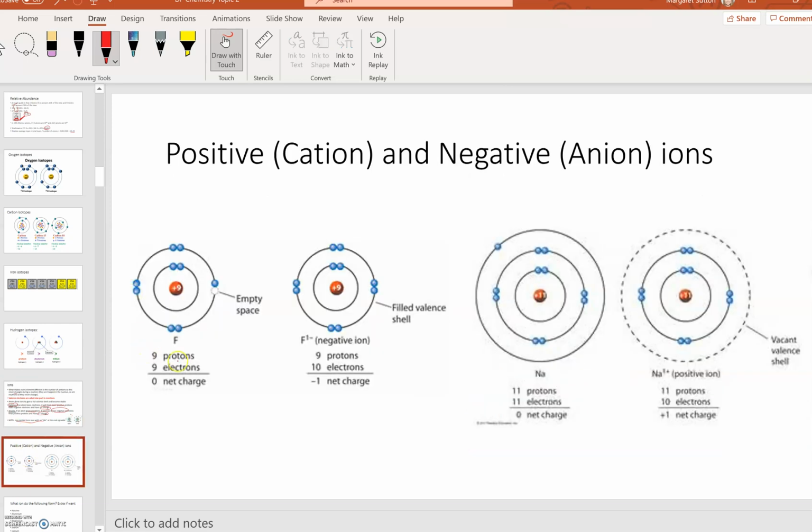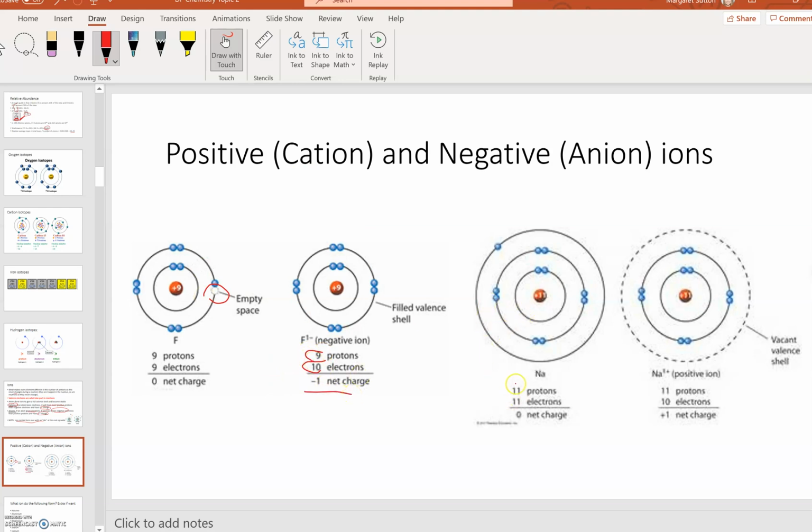So we can look here, and this is the calculation you would do to show the charges of an ion. So the fluorine atom has 9 protons, 9 electrons, so no charge, it's neutral, but it's also unstable because it's got one empty space, I guess you could say, in its valence shell, and so it gains an electron, and now there are 10 electrons to only 9 positive protons, and that gives it a 1 minus charge.